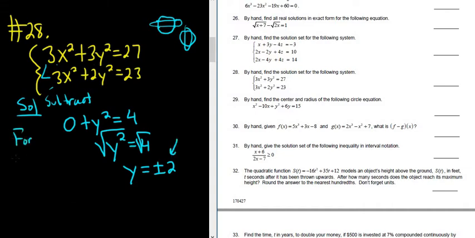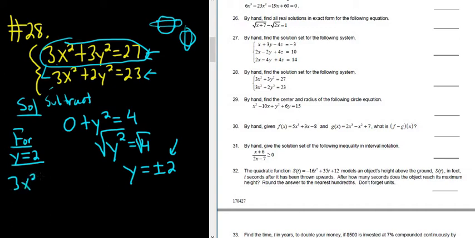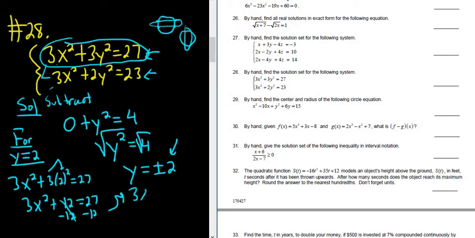So for y equals 2, what you do now is you pick an equation and you plug in the y values. So I'll just use the first one. For y equals 2, we have 3x squared plus 3 times 2 squared equals 27. So we have 3x squared plus, this is 3 times 4, so 12 equals 27. Subtract 12, so we get 3x squared equals 15.